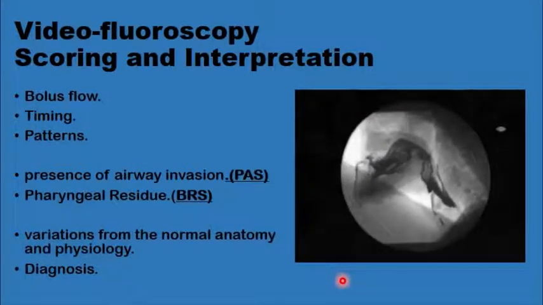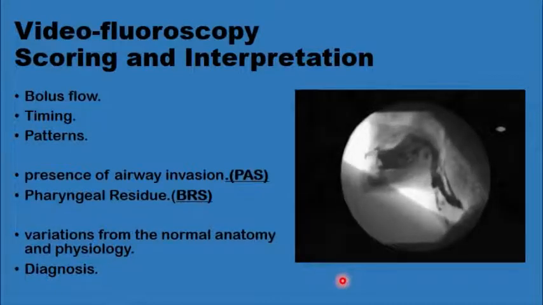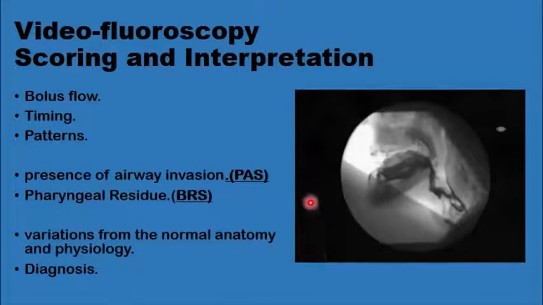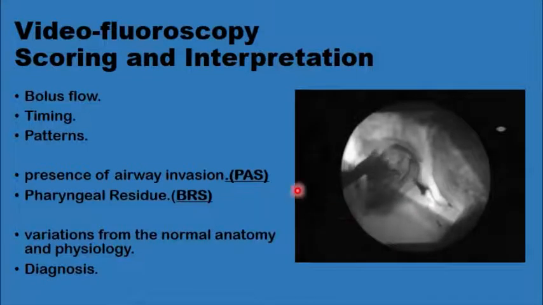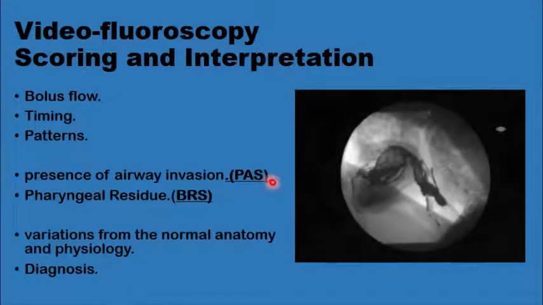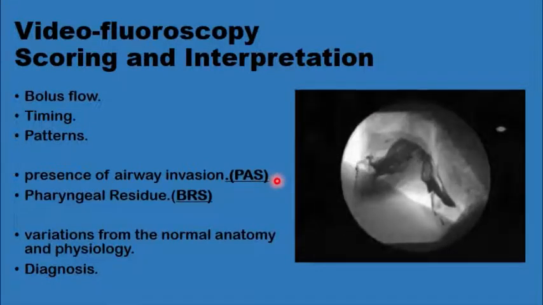It's also essential that we focus on one aspect of the swallowing act at a time and use a validated scoring system to register any abnormalities in that act. When we are looking at any evidence of aspiration, we use the penetration aspiration scale, which is the gold standard of quantification of aspiration.